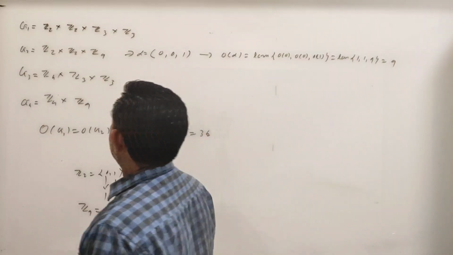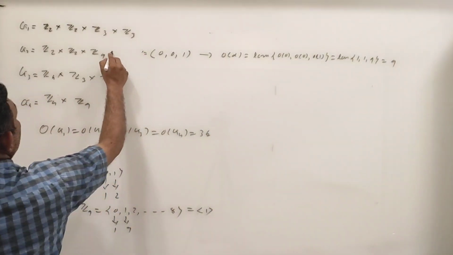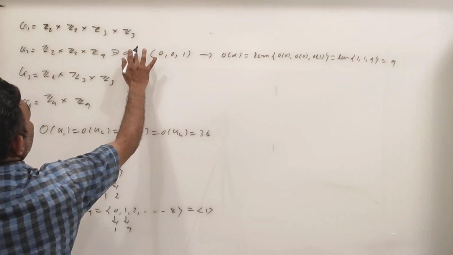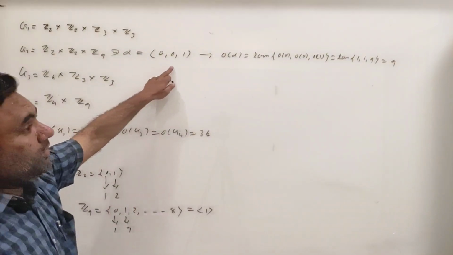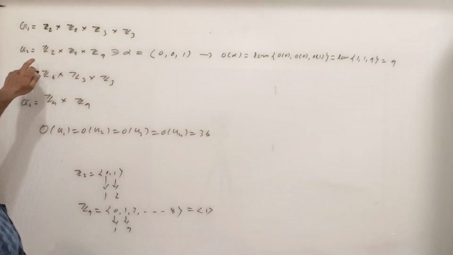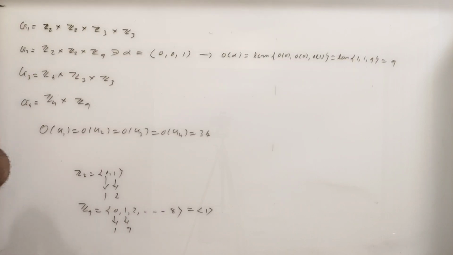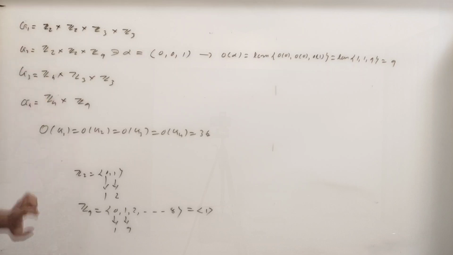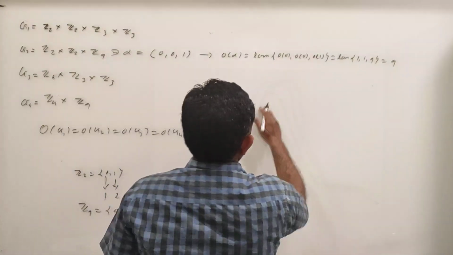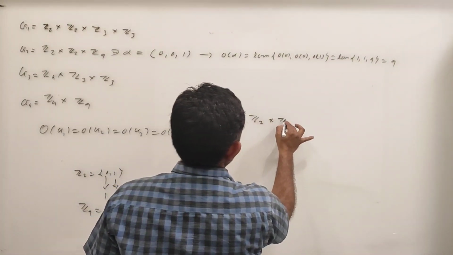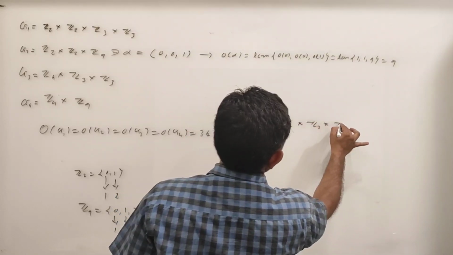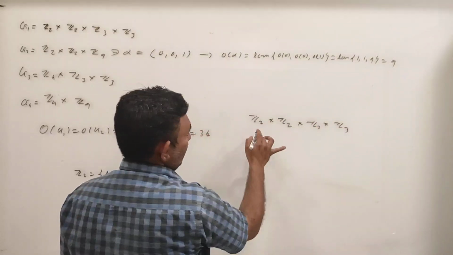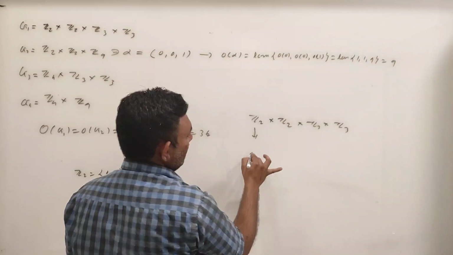तो मतलब क्या हुआ? I have one element alpha is equal to 0, 0, 1 of order 9 in G2. लेकिन ये G1 में कोई 9 ऑर्डर का एलिमेंट नहीं है. Why is it not? Because in Z2 cross Z2 cross Z3 cross Z3, यहाँ पे Z2 में कौन से ऑर्डर के एलिमेंट है?